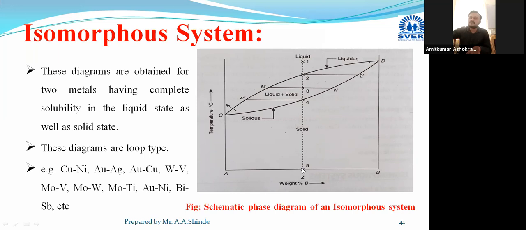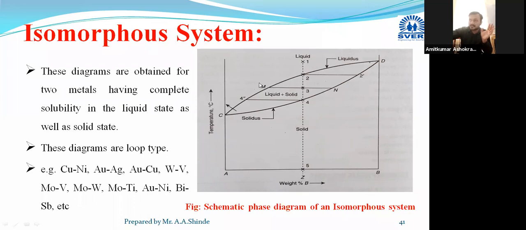Then what you have to do: for the given temperature and composition, if you want to calculate the amount of solid and liquid, then from the temperature point, draw the horizontal line and mark the points where it cuts the equilibrium diagram.